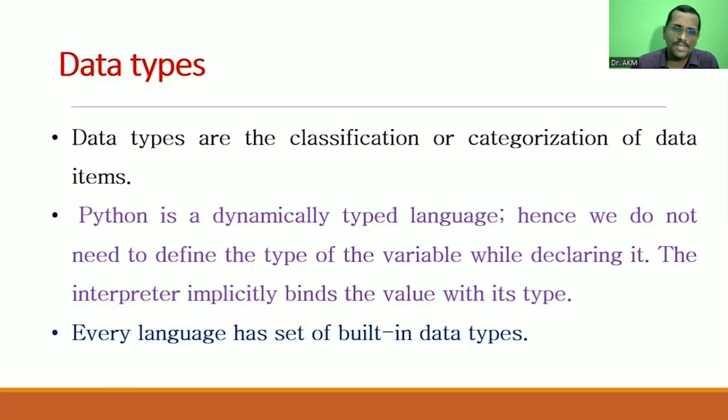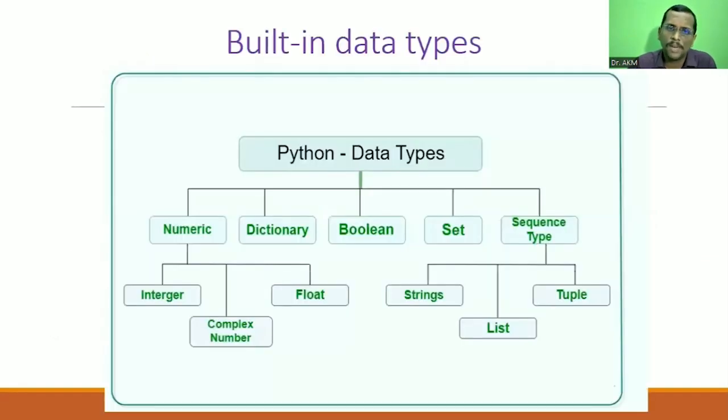Every language has a set of built-in data types. In Python programming, there is a rich set of data types like numeric, dictionary, Boolean, set, and sequence data types. These are called built-in data types. Under the numeric type, there are integer, float, and complex numbers.